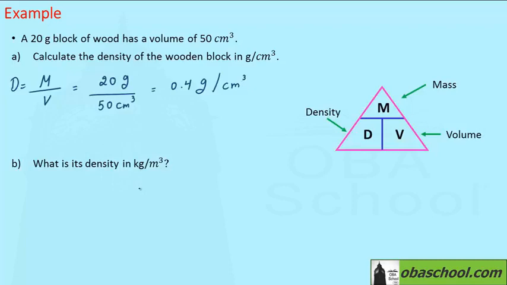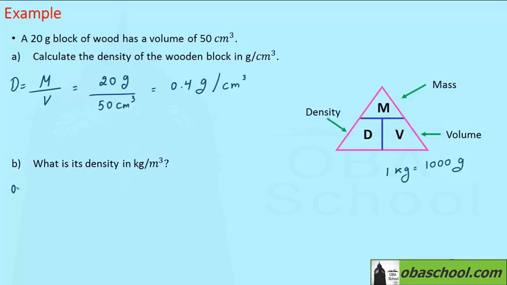So we should convert density from grams per cubic centimeter to kilograms per cubic meter. Thus, we should convert the unit of mass and the unit of volume. First, we know that every 1 kilogram is equal to 1000 grams. So to convert from grams to kilograms, and since a gram is less than a kilogram, we divide by 1000.